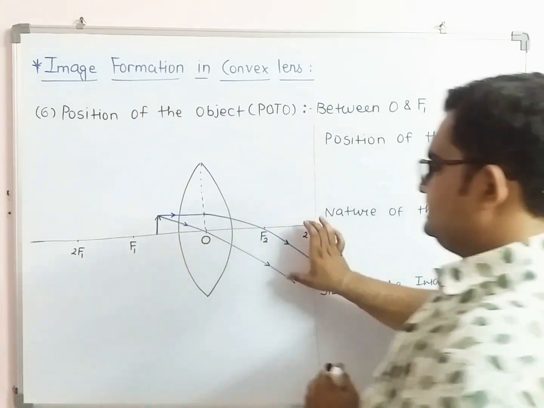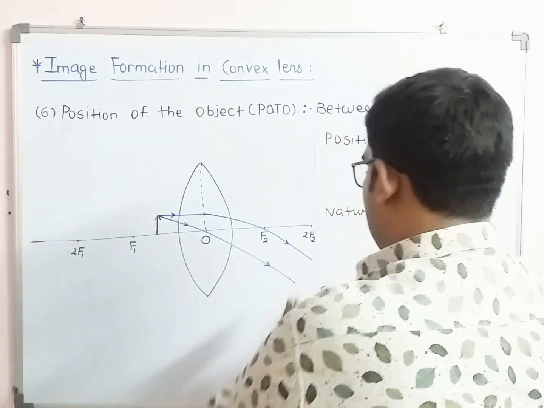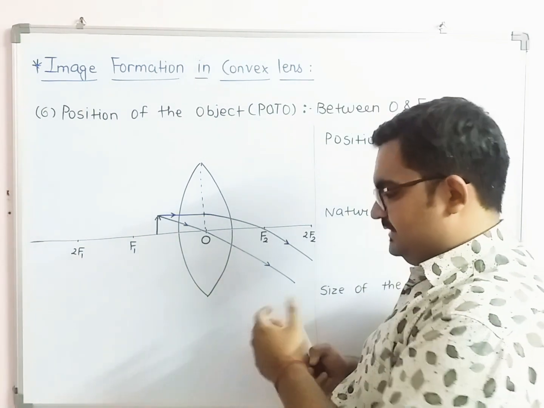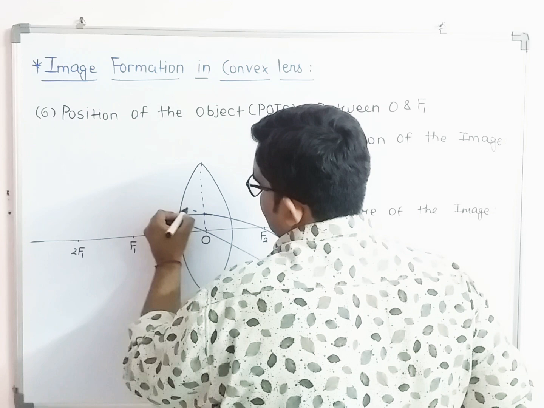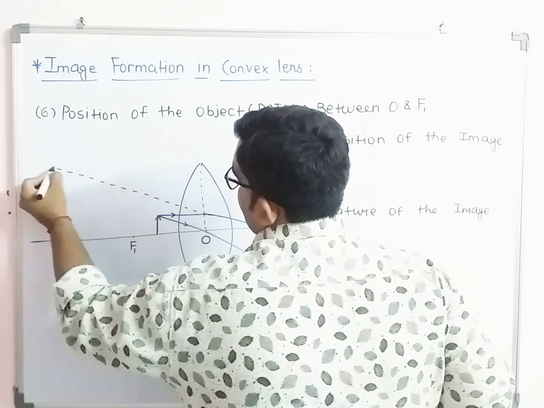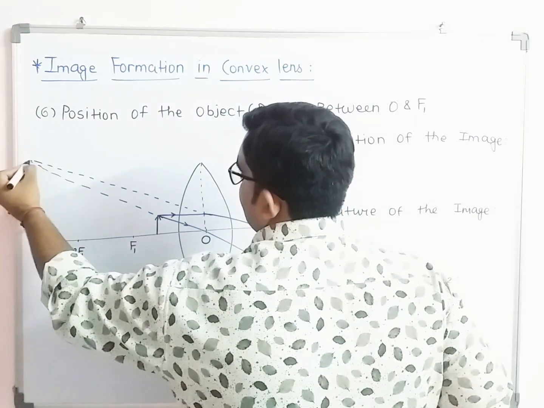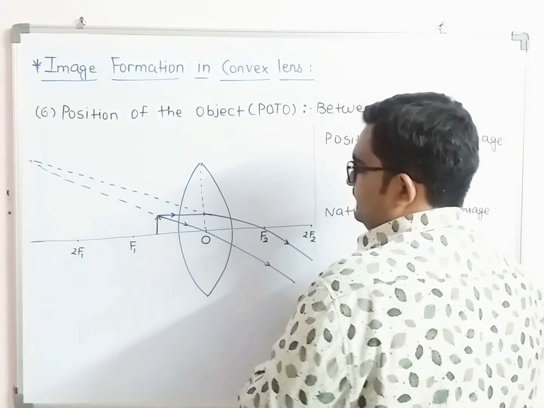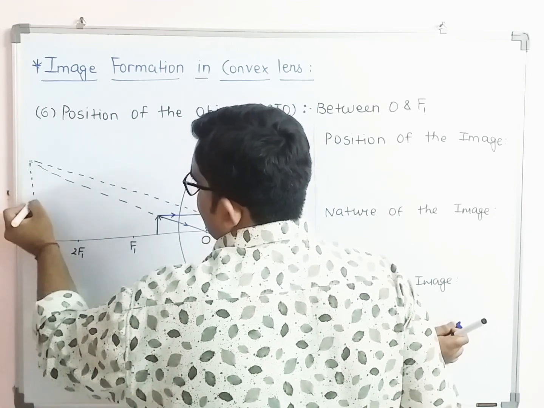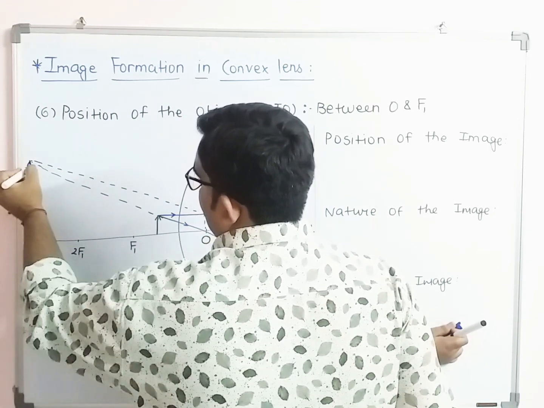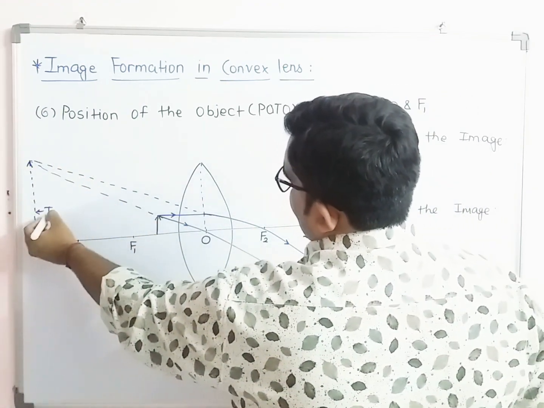So here you can see both rays actually do not meet on this side. So if I extend this ray like this, then the rays meet here. So here I can get the image. So here you can see it is the image.